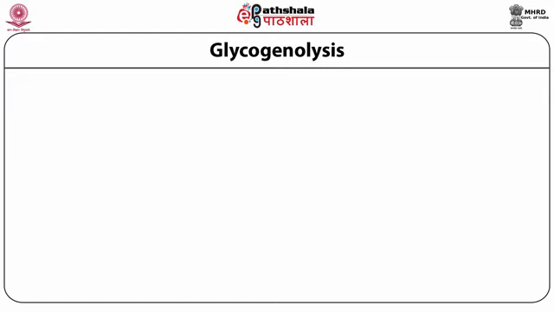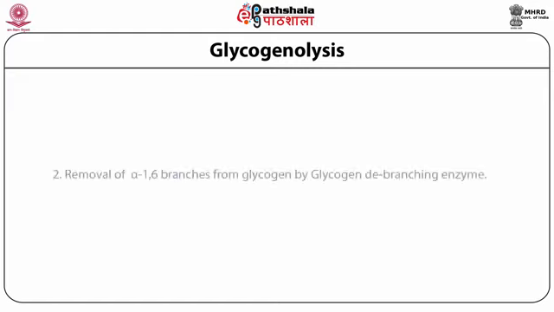Now we will discuss the second step of glycogenolysis, that is removal of the alpha-1,6 branch from the glycogen by glycogen debranching enzyme. So now let's try to understand the role of glycogen debranching enzyme.